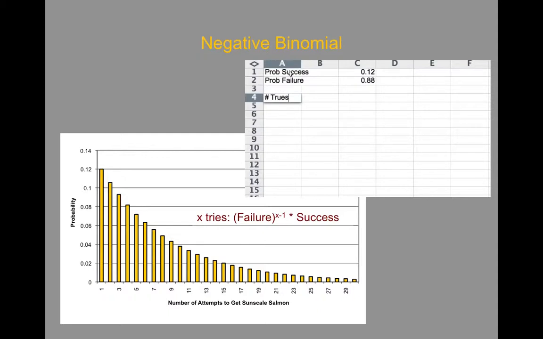And then now we'll do number of tries or number of attempts. So let's just go from 1 to 10. Okay, so then the number of failures will be the number of tries minus 1.